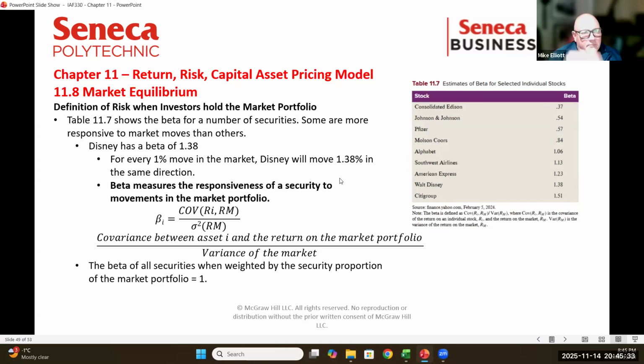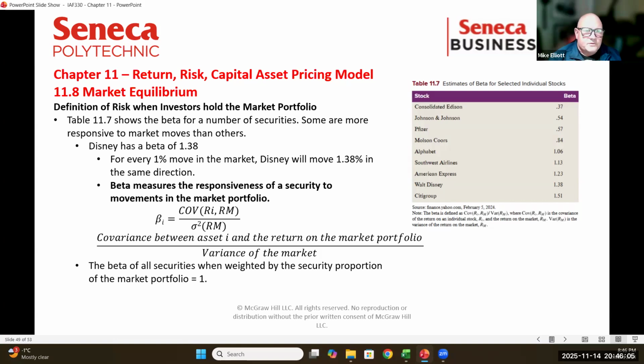So beta measures the responsiveness of a security to movements inside the market portfolio. The covariance of the asset i and the return of the market portfolio over the variance of the market portfolio. I'm not sure what I meant by that.